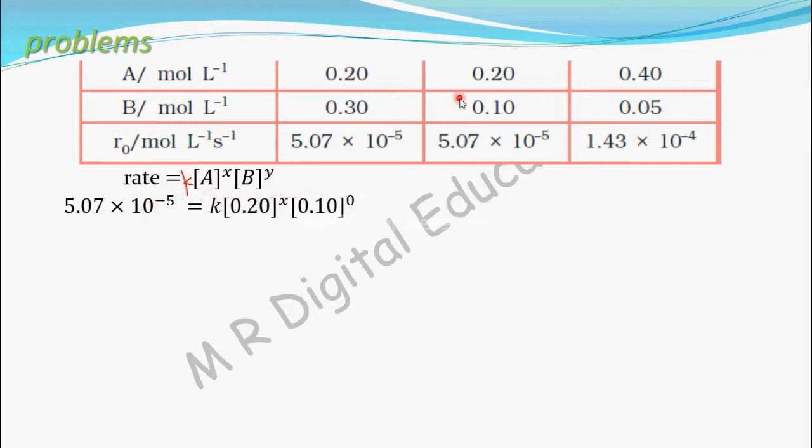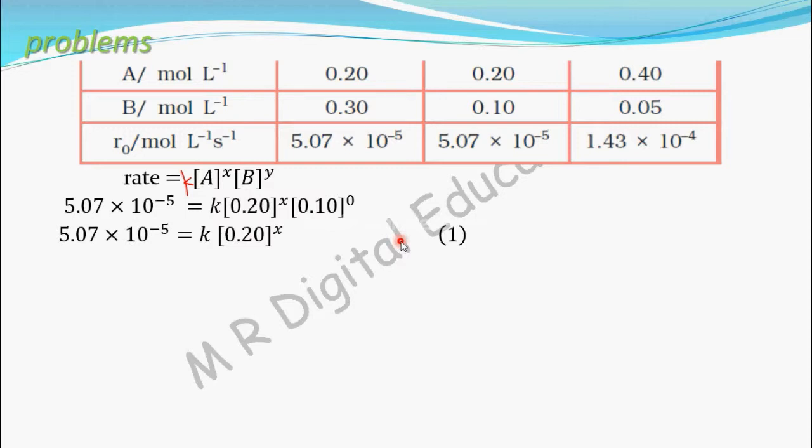Keep k as it is. Concentration of A is 0.20 to the power x, and concentration of B is 0.10 to the power 0. Why is it 0? Just now you found that order with respect to B is 0. Now this term will become equal to 1, because any number to the power 0 equals 1. So only remaining is 5.07 into 10 to the power minus 5 equals k into 0.20 to the power x. Call this equation 1.